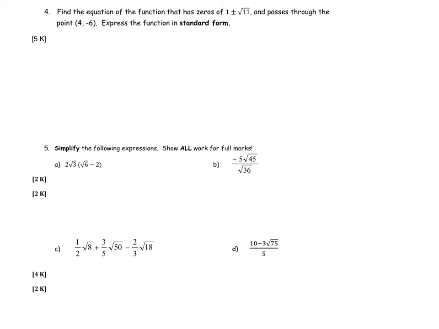The next question says, find the equation of the function that has zeros 1 plus or minus square root of 11 and goes through the point 4 and negative 6. We are supposed to express the function in standard form.